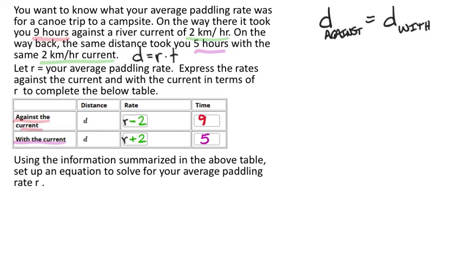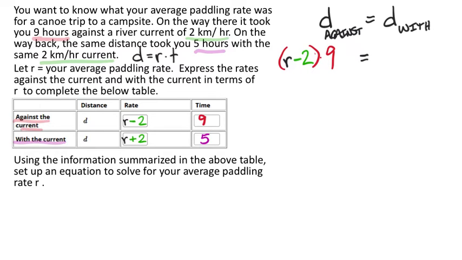Now, instead of writing it as d, we're going to substitute it as rate times the time. But we know both of those values. Let's start with the rate. Okay, so instead of the rate, I have that expression for the rate, which is my rate of paddling, or yours, and it's against the current, so that's R minus 2. And then we also know that the time it took was 9 hours. So I've got to multiply that by 9.